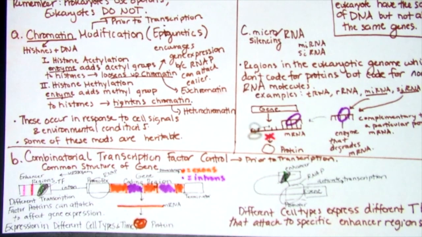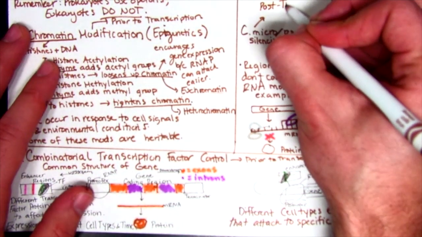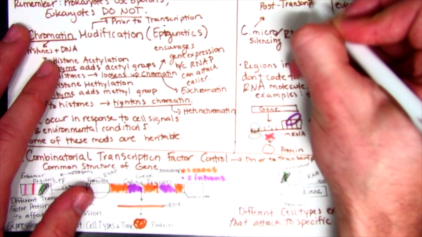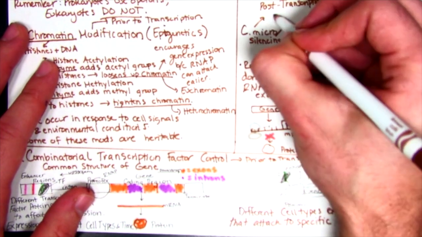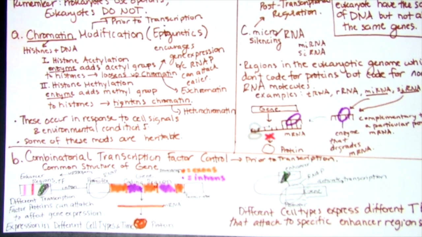MicroRNAs, we call this post-transcriptional regulation. Because it's happening after transcription has occurred, but you're regulating gene expression by destroying the mRNA.